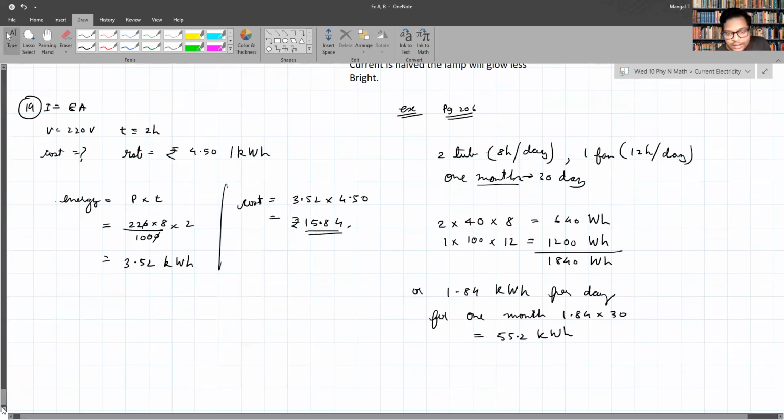And now we need the cost. So that is 55.2 multiplied by 4.50. That will give me rupees 248.40. So that's also a very important type of question that can be asked.